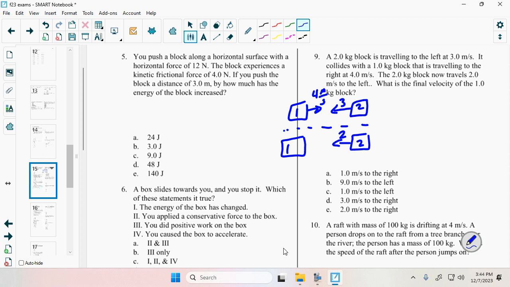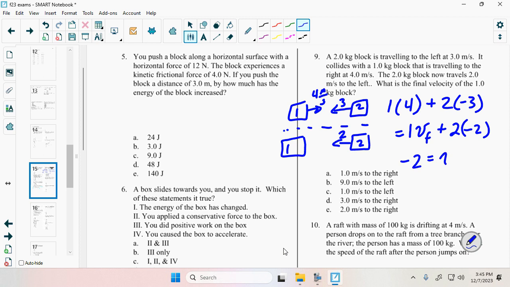So I have the momentum in this top scenario in the beginning: 1 times 4 plus 2 times negative 3 is equal to 1 times vf plus 2 times negative 2. That's 4 minus 6, negative 2, equals vf minus 4. So vf is equal to 4 minus 2, or 2 meters per second.